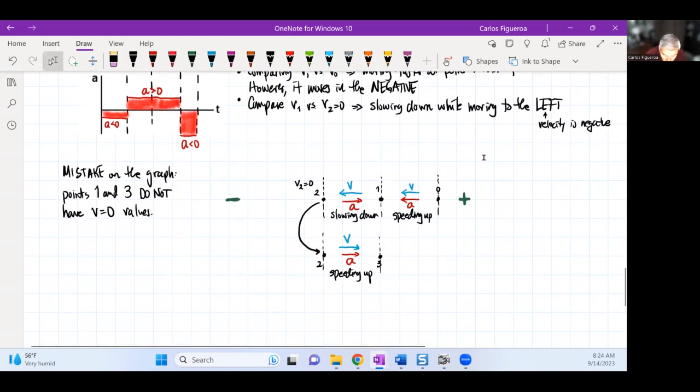So then when I get to point 3, that is not 0. All that means here is that I'm going to start to slow down.